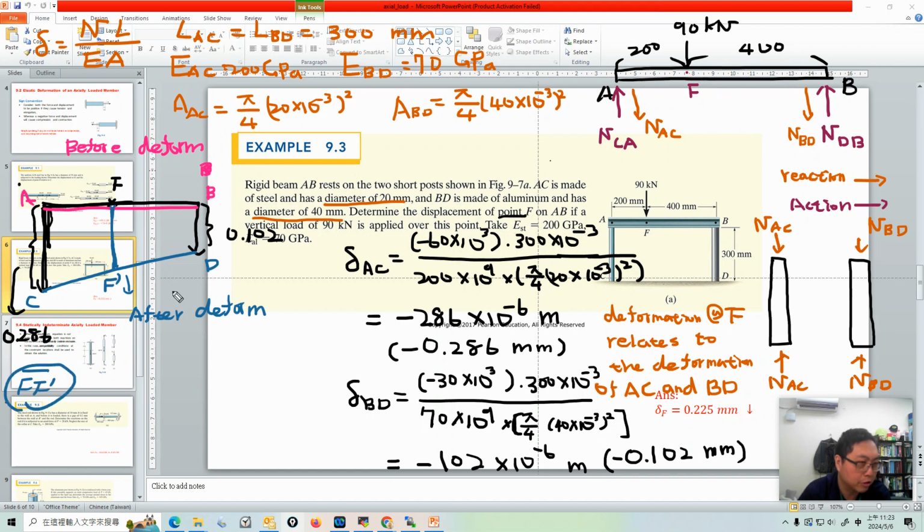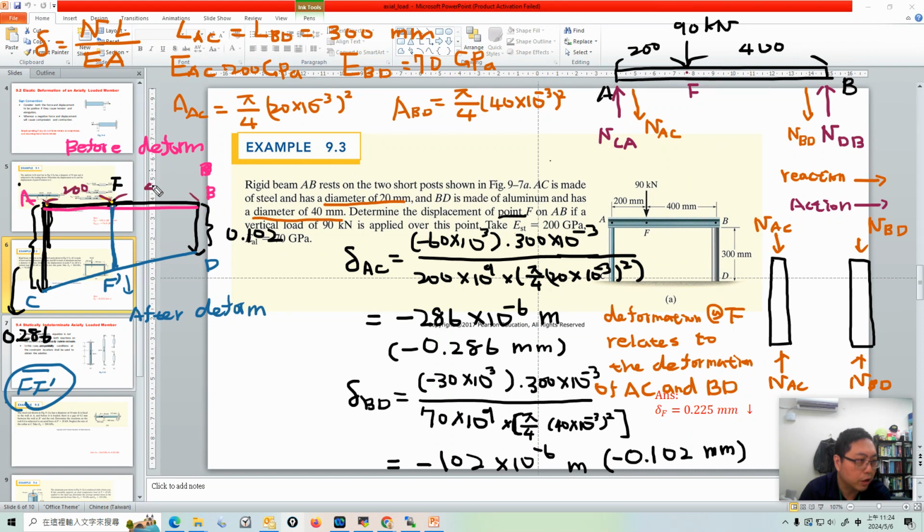How do we calculate F prime based on this geometry? We have the geometry here, and this distance here is 200.